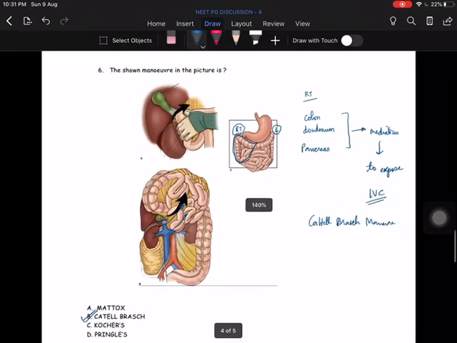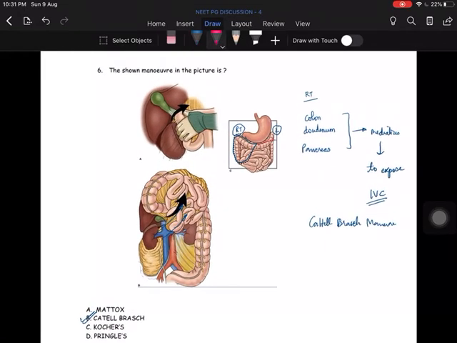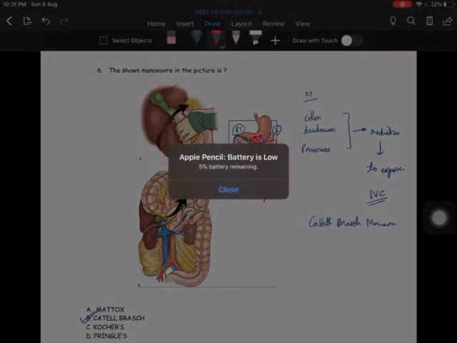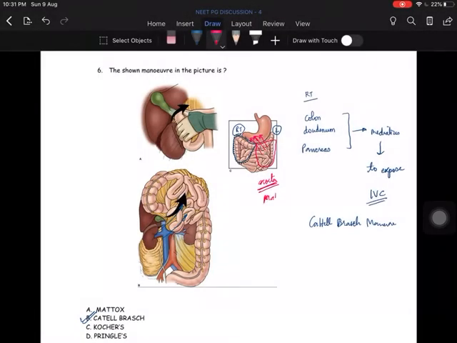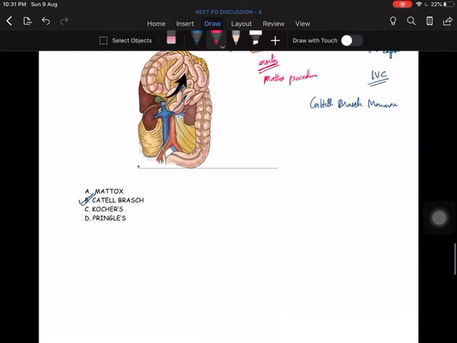What about the opposite? If I am taking the left part, the descending colon, and I am medializing it, I will see the aorta. I can expose the aorta. This is called the Mattox maneuver. The other one is Kocherization or Kocher's maneuver, which is medialization of the duodenum only.